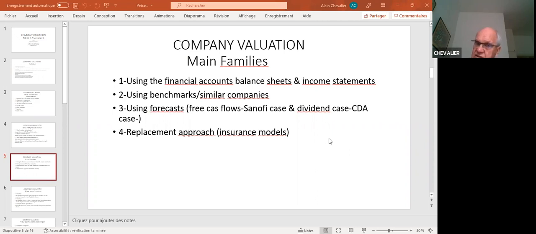So it's a different approach. It's not the approach of the CFO, of an investor, or of a retail banker. So we have different families which come from the goals of the different players involved in the valuation processes.